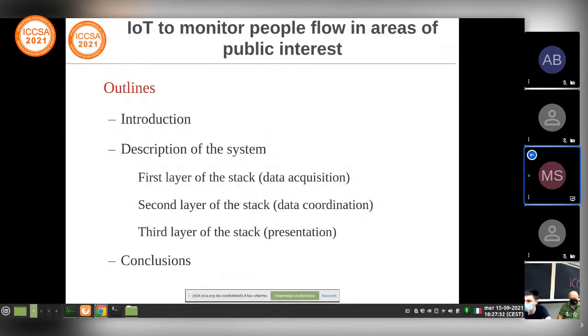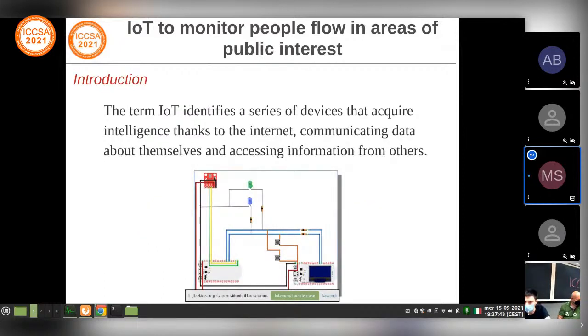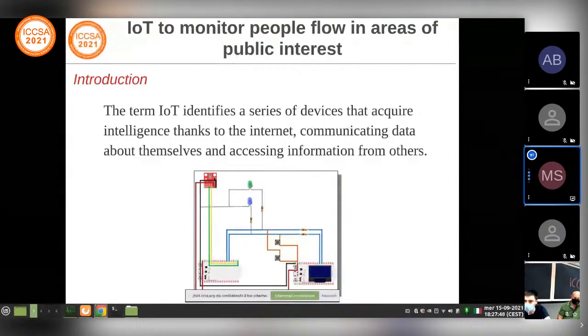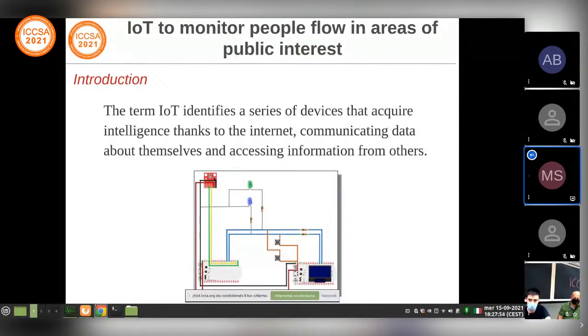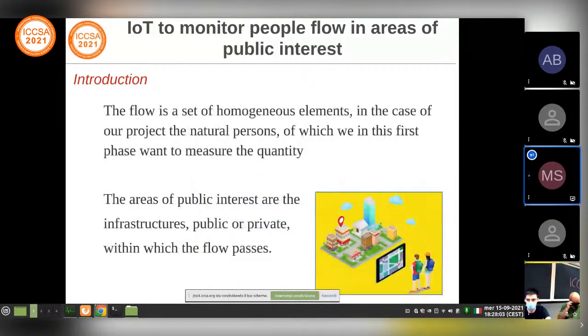Here you can see the structure of the presentation: an introduction, a description of the system, and conclusions. The words Internet of Things refer to a collection of objects that gain intelligence through the Internet, exchanging data about themselves and gaining access to information from other sources. What do we mean by flow?